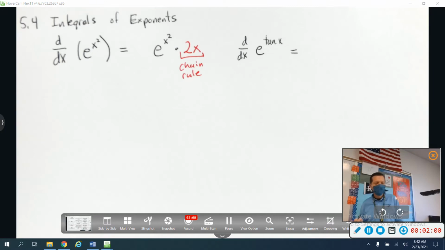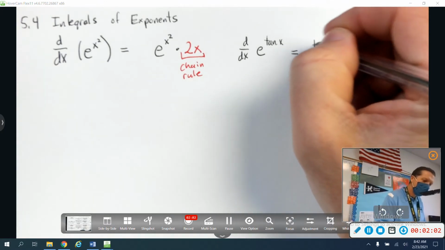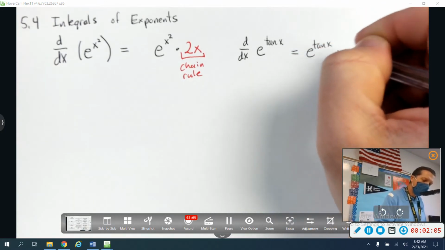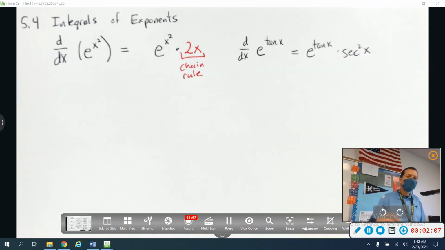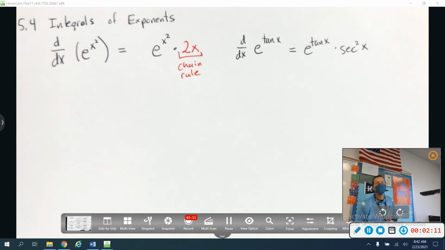E to the tan x times secant squared. Yes, e to the tan x times secant squared of x. I heard you say it's just secant squared, and that made me nervous, but I didn't hear the full thing, and of course you were correct. So e to something is e to something, but chain rule, chain rule, chain rule.